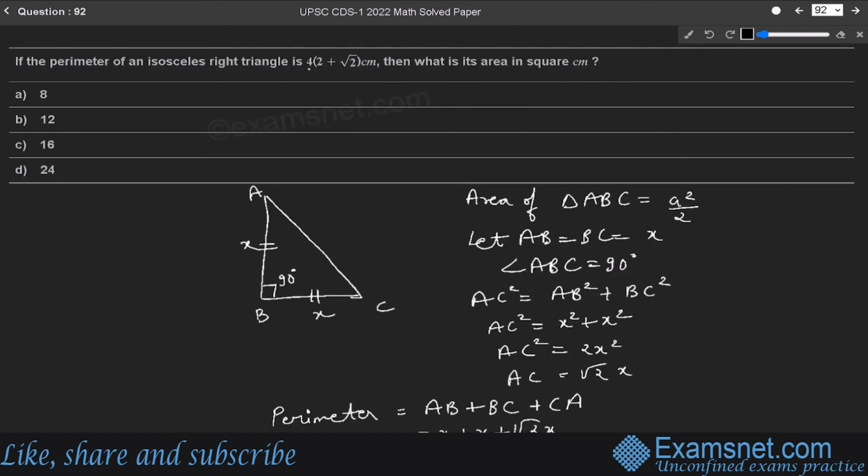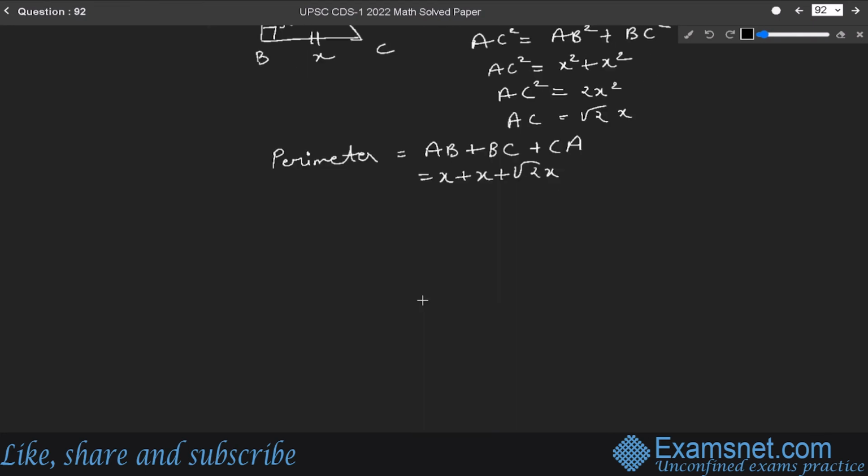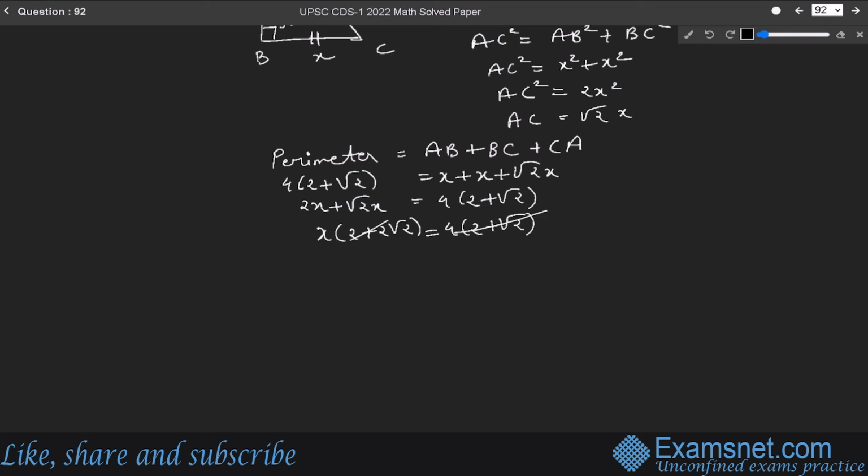It means that 4 into (2 plus root 2) is equal to X plus X plus root 2 x. Now on further solving, it will be 2x plus root 2 x is equal to 4 into (2 plus root 2). So taking x common, x into (2 plus root 2) is equal to 4 into (2 plus root 2). Now these both terms will be cancelled. So x will be equal to 4.